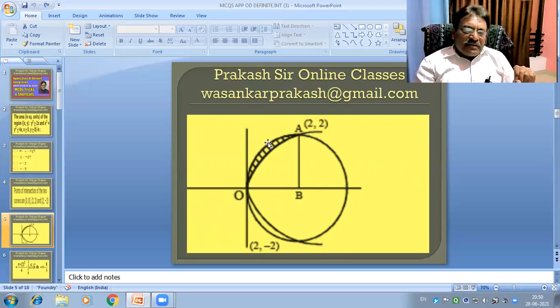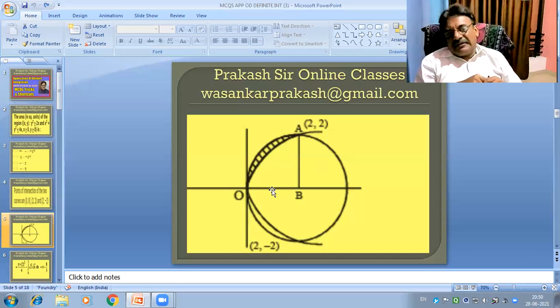So we know the formula for finding the area of the complete circle is pi r square, and the circle has four quadrants: first quadrant, second quadrant, third quadrant and fourth quadrant. So the complete area of the circle divided by 4 gives the area of one quadrant of the circle.